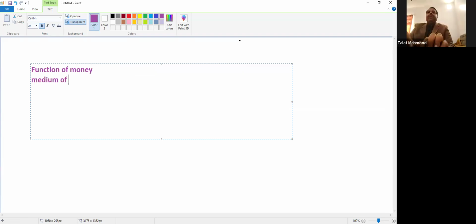Okay, medium of exchange. Very good. Measure of value. Store of value. So these are the 3 basic functions of money.